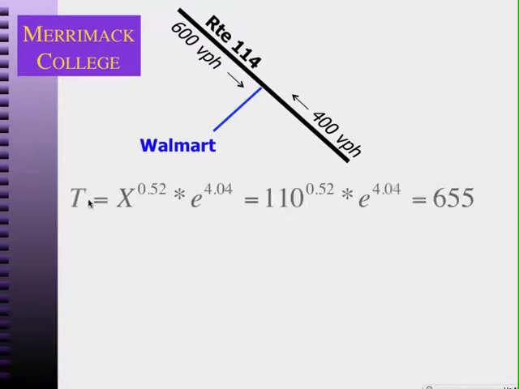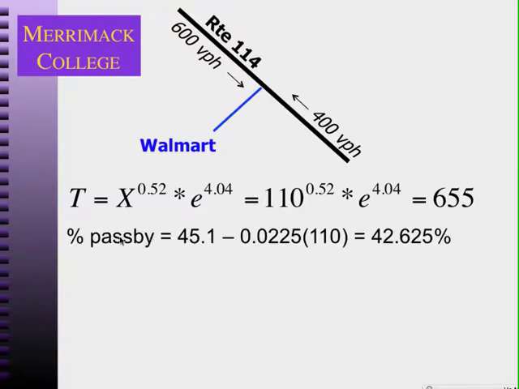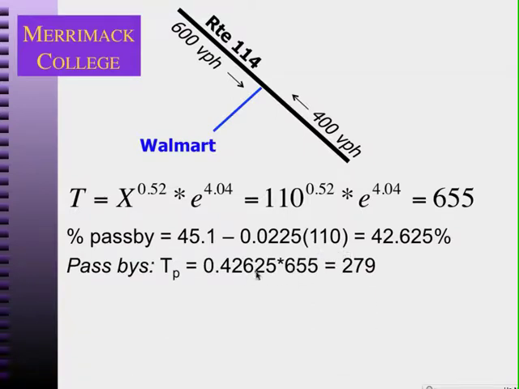So in schematic form, we can do this. The first thing to do is find the total trips, which is that equation solved. Plugging in 110,000 square feet, I come out with 655 trips. Now, what percentage of those are pass-bys? Well, for 110,000 square feet, there will be about 42% pass-bys. So the pass-bys are 42% of 655, so 279 trips will not be new.